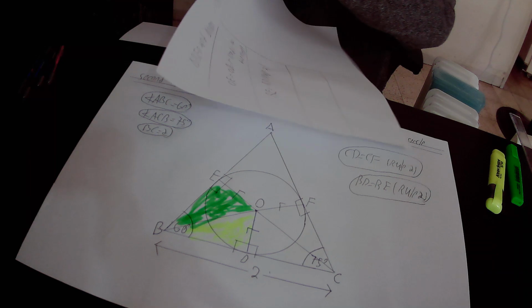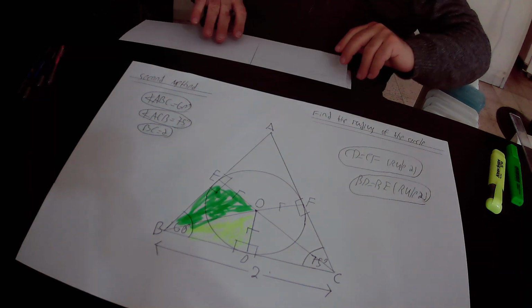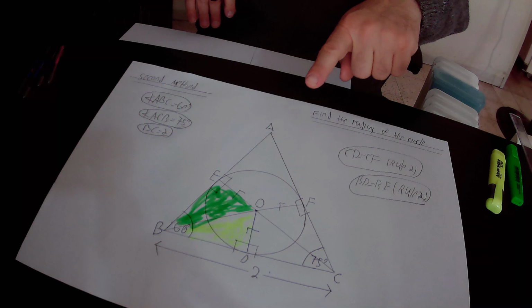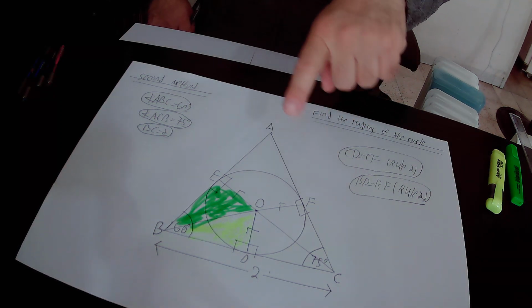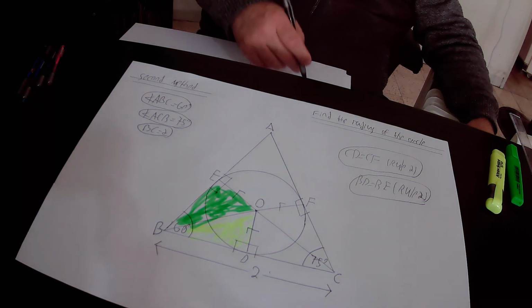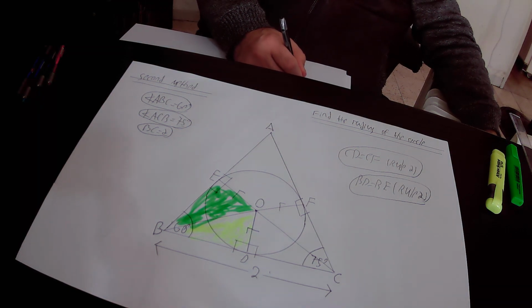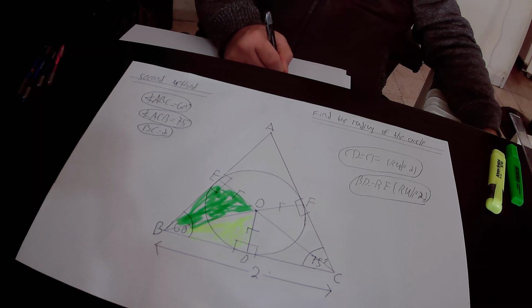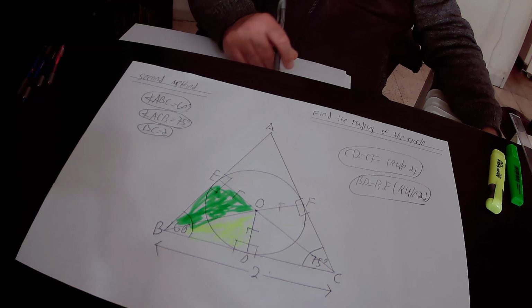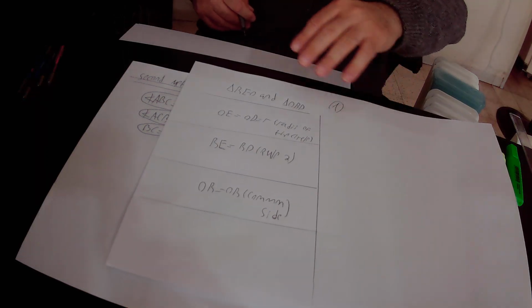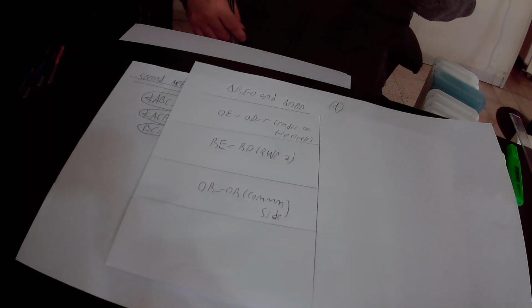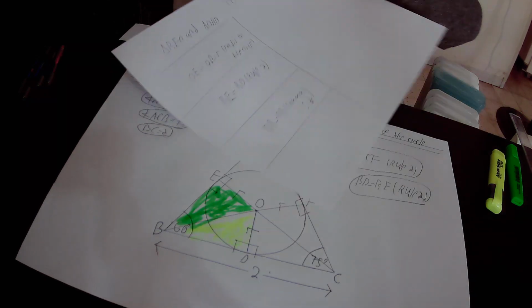And finally, we have the common side, side OB. OB is a common side that belongs to both triangles, so we can write down that OB equals itself.